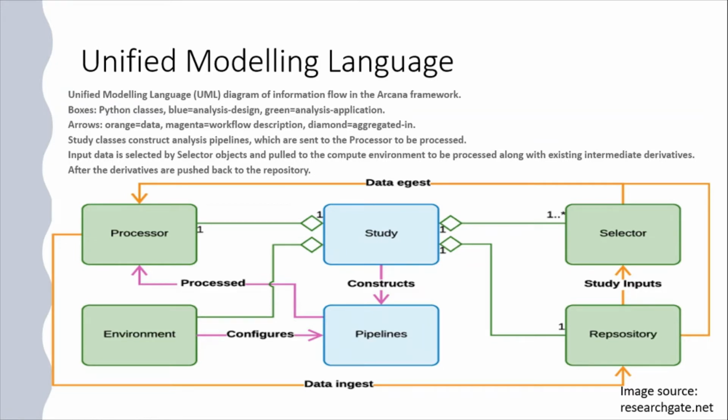All right. So in this example, we use boxes like Python classes. Then blue is for analysis and design. The green is analysis, then application. The arrows contain the data flow, data in, data out, and then the workflow, process, configures, constructs.